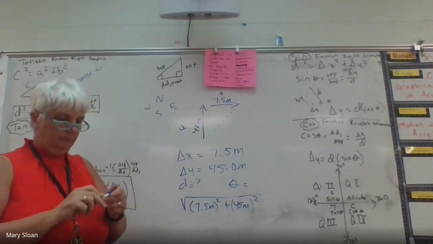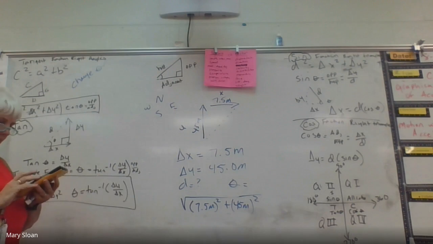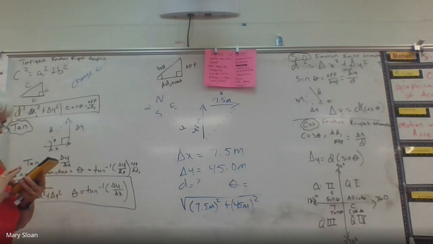Let's get our calculator. So we're going to do our square root. We're going to do 7.5, and I'm going to do that squared, and I'm going to add it. Parentheses. I did parentheses. You don't have to have it. What did we get?